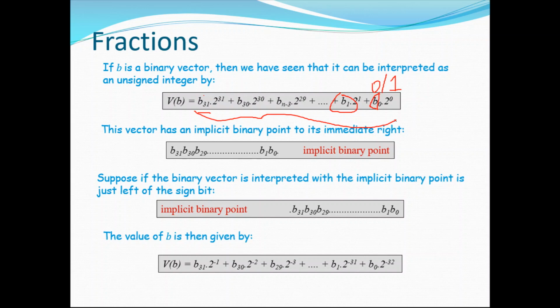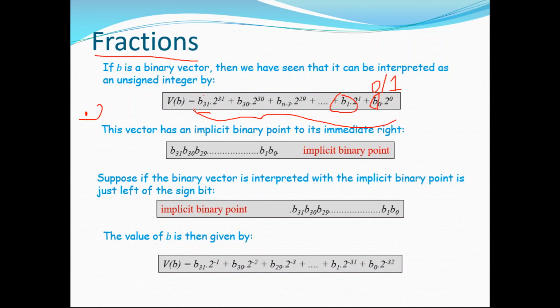Whenever we talk about fractions or floating point numbers, we talk about the binary point. In a decimal number we call it the decimal point, but as this is a binary number we call it the binary point. How does this binary point come in?